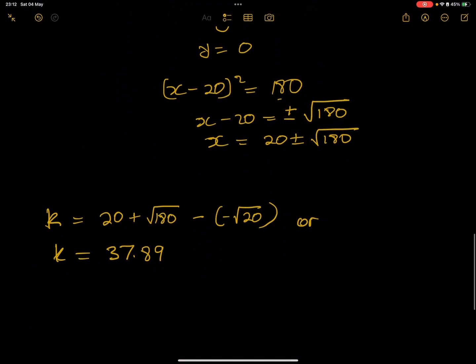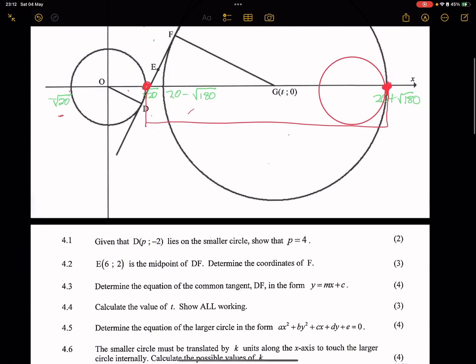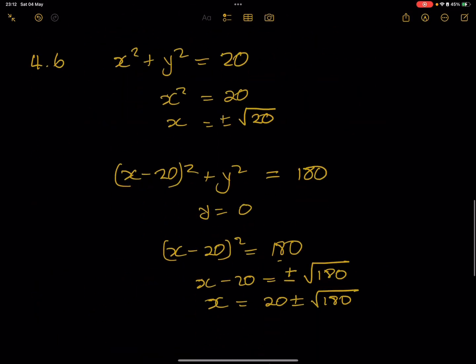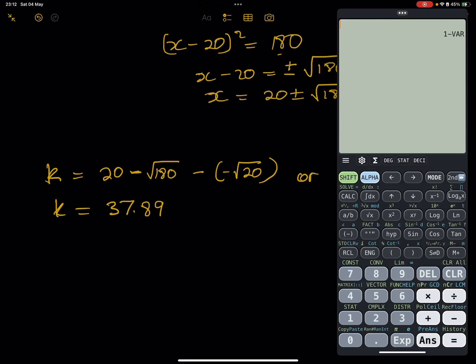Okay, so this was supposed to be 20 minus root 180 minus the negative square root of 20, which was the other value there. Okay, so let's see if I calculated it. This was going to be 20 minus the square root of 180 plus the square root of 20.